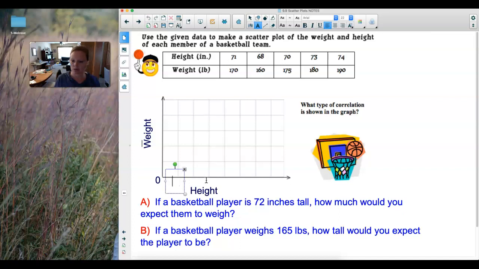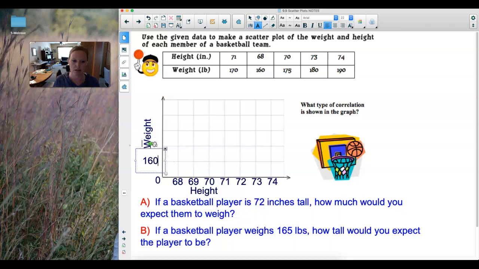Let's go 68, 69, 70, 71, 72, 73, and 74. And then up this side, let's say we've got a weight of 160.